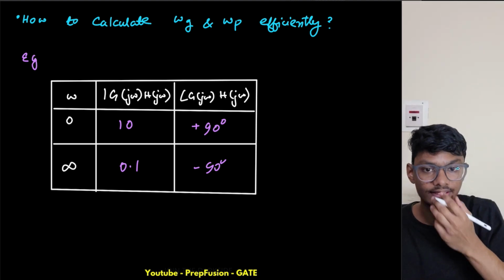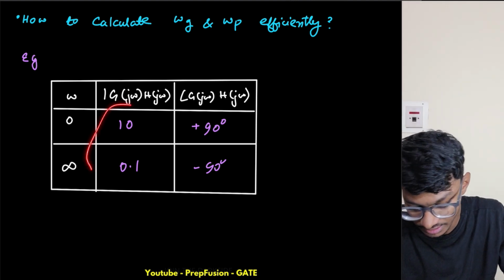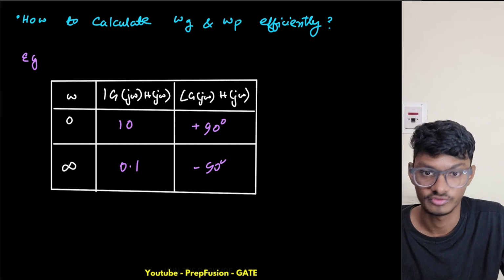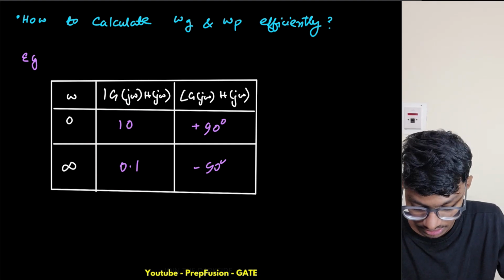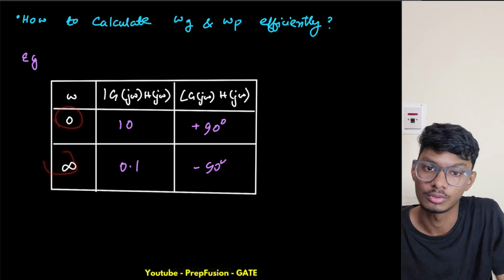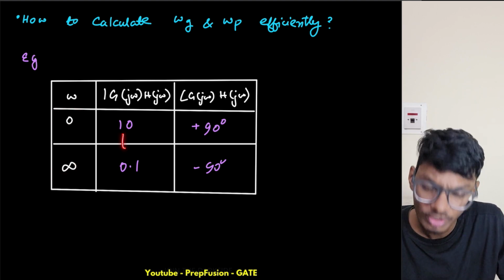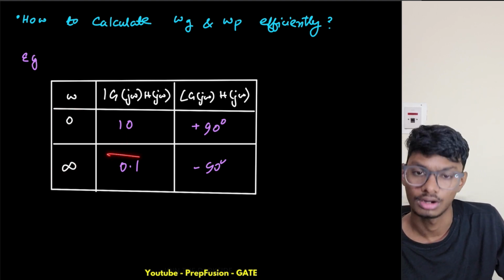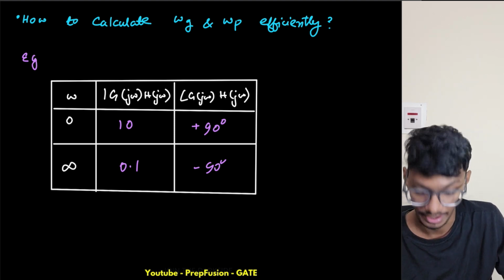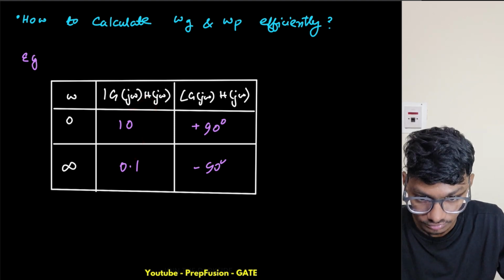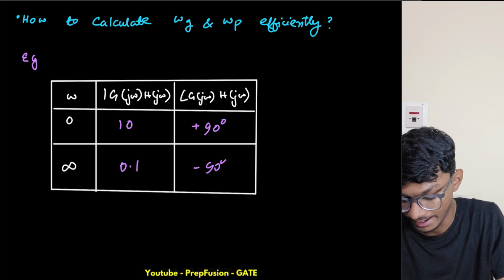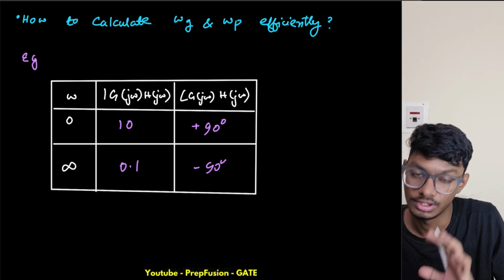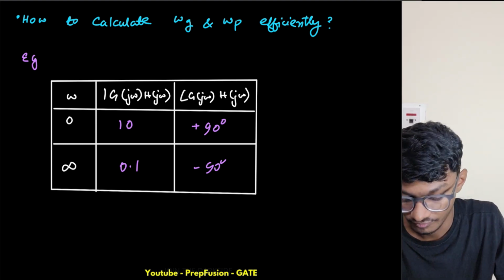Can we say here that my gain crossover frequency exists? As omega varies from 0 to infinity, at some point in between I'm crossing the one magnitude, right?